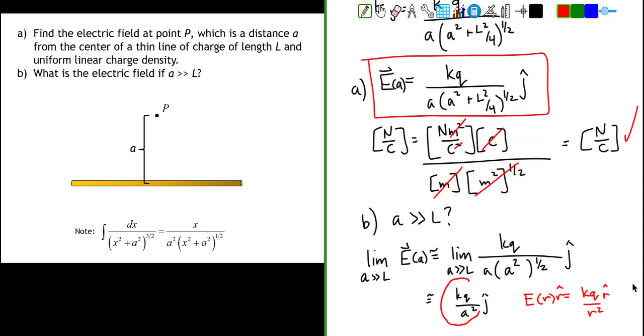Well, what we have for this line of charge looks just like the expression for a point charge if the distance we are from the line of charge is much, much greater than the length of our line of charge. And if that's the case, this looks like a point charge just as we expected. If something is so far away that you could barely see it, it becomes a mathematical point to your perspective. It makes sense that mathematically the electric field looks like a point charge.